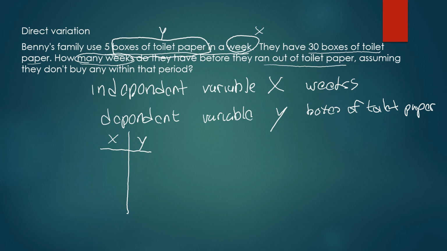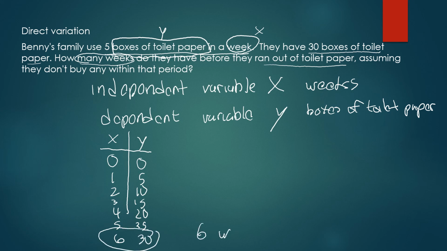First week, or 0 weeks, they haven't used any. 1 week later, they use 5. 2 weeks later, they use 10. 3 weeks, 15. 4, 20. 5, 25. And lastly, 6, 30. So it looks like it will take 6 weeks to run out of toilet paper.